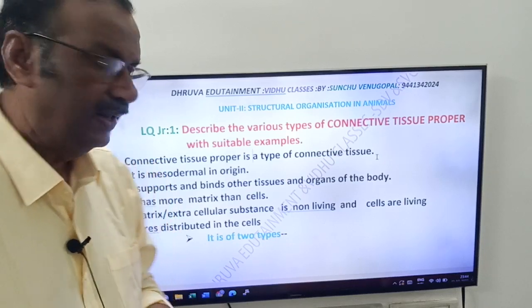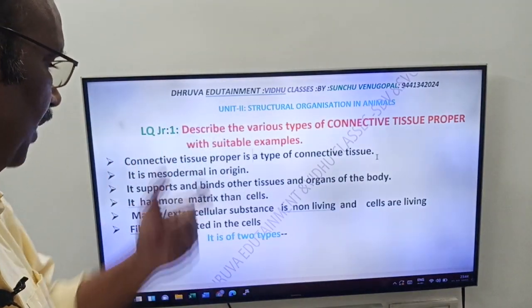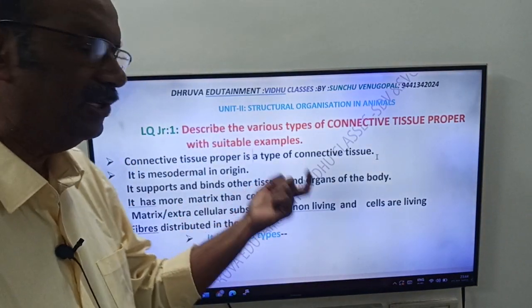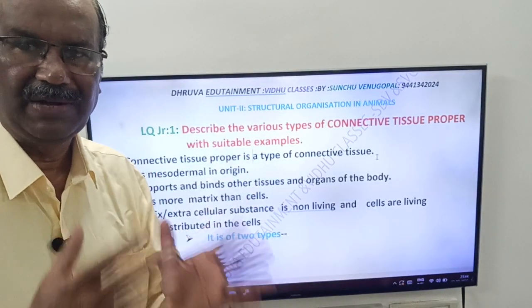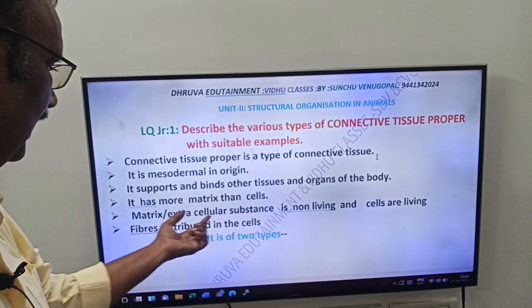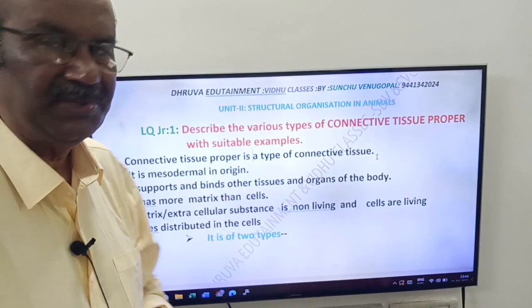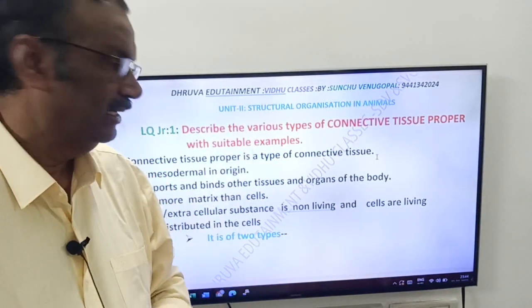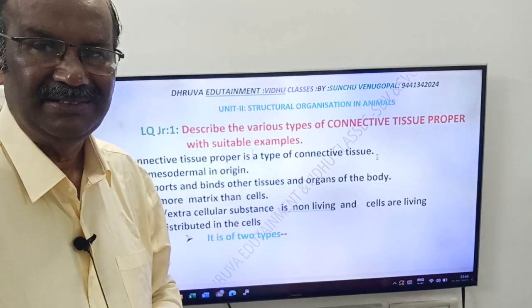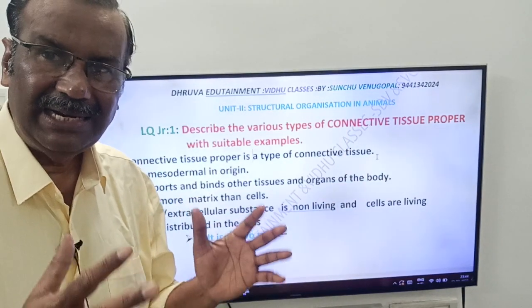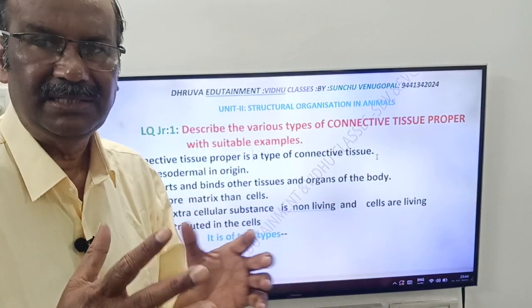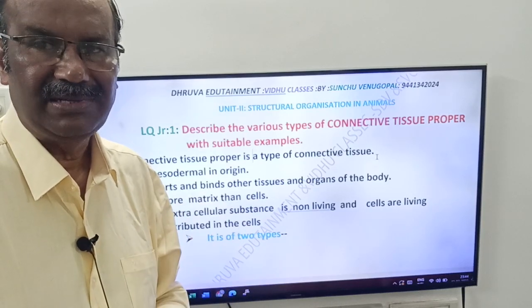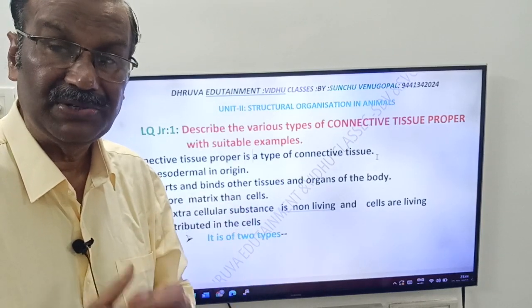Matrix is also called extracellular substance. It is non-living, but connective tissue proper cells are living.